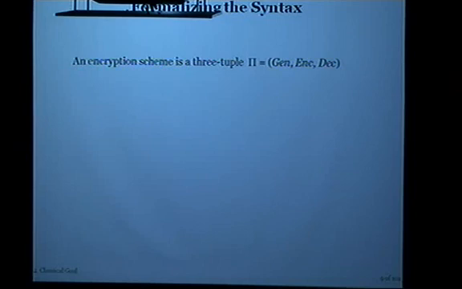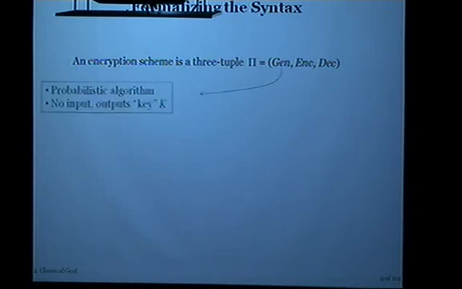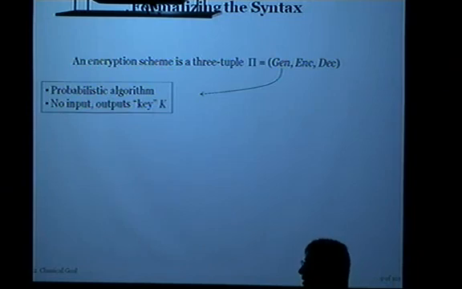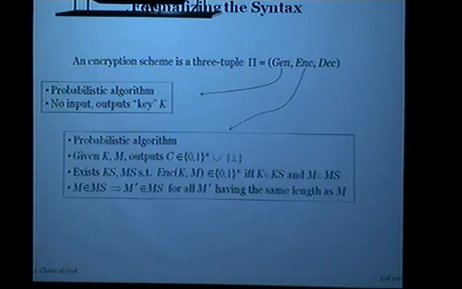I've decided, for example, that the components of the encryption scheme are algorithms and not functions. What is the first piece, the key generation algorithm? It's a probabilistic algorithm. What do you feed it? You feed it absolutely nothing. I'm going to say that you feed it no input, and it provides as output a string k. Okay? That's what it is. It spits out our key k, which is just a binary string.